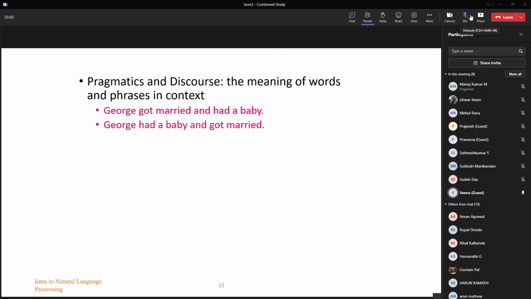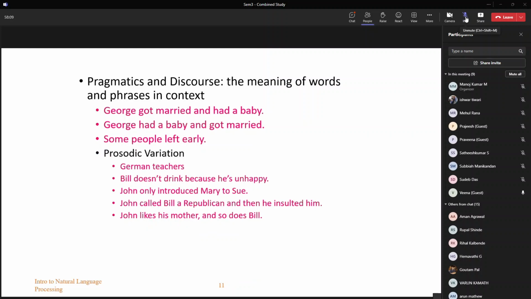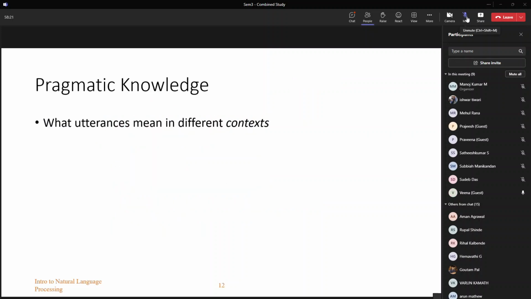The first statement, he got married and had a baby. The second, first he had a baby and then got married. So based on the context, the meaning also varies.